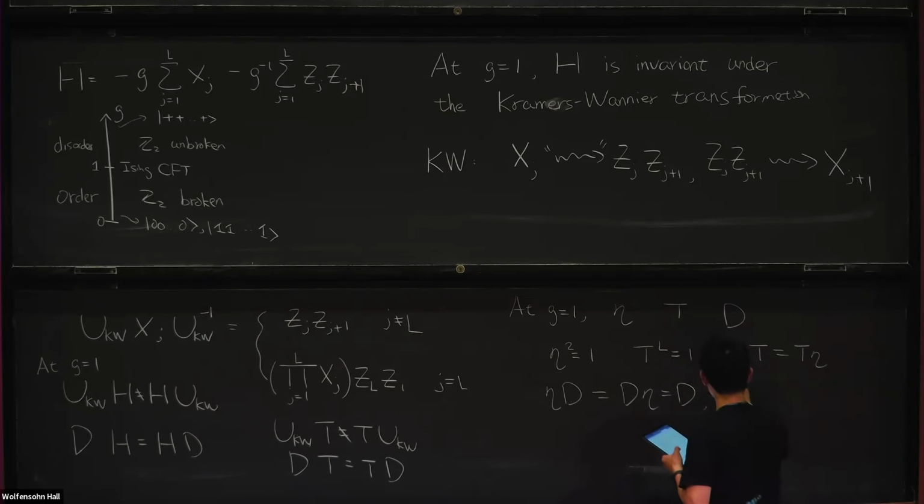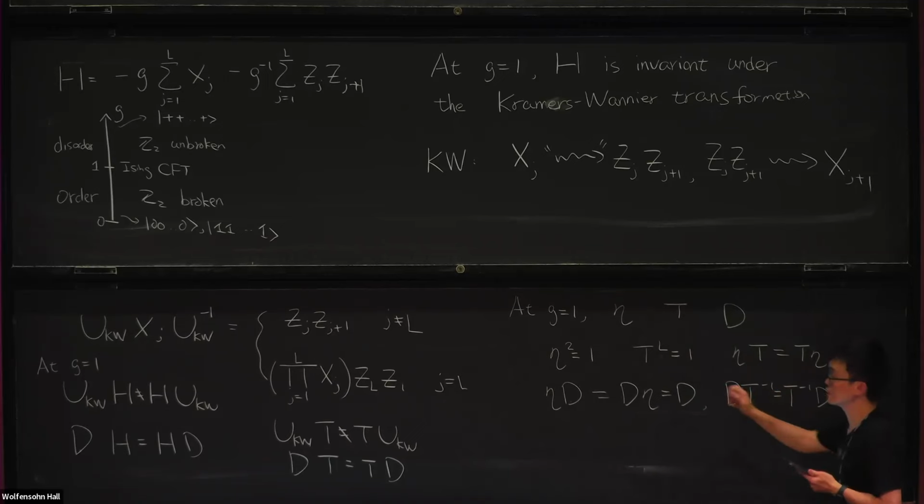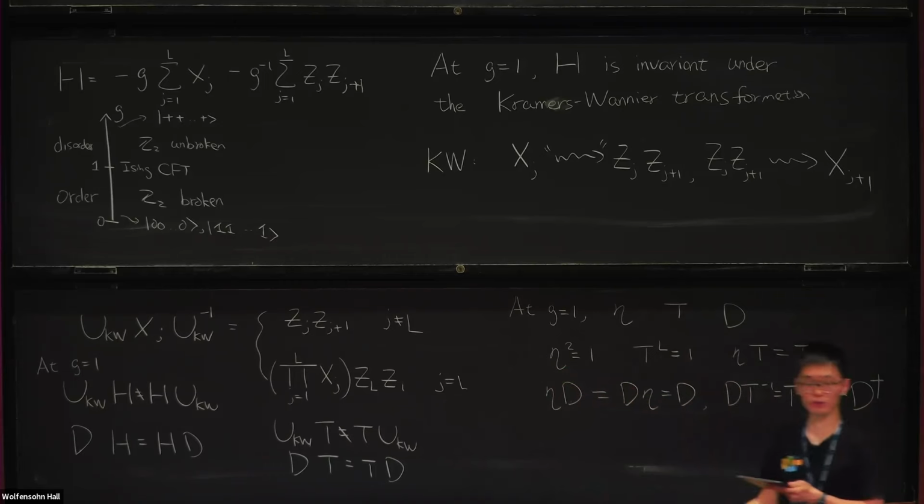And as I said, D times T inverse is the same as T inverse times D, meaning that D is translationally invariant. But the reason I put the inverse here is because this product actually equals D dagger. So we already see something different from the continuum. In the continuum, the non-invertible operator calligraphic D is a self-adjoint operator, D equals D dagger.